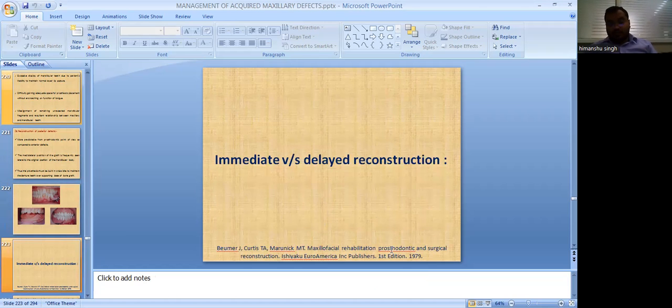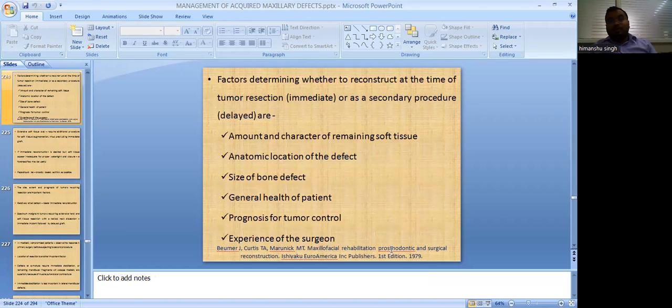Immediate versus delayed reconstruction. Factors determining whether to reconstruct at the time of tumor resection or as a secondary procedure are the amount and character of remaining soft tissue, anatomic location of the defect, size of bone defect, general health of the patient, prognosis for tumor control, and experience of the surgeon.